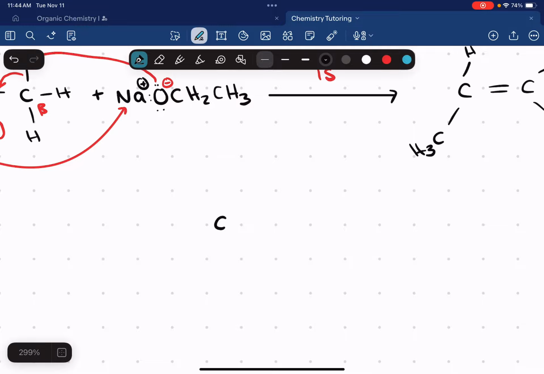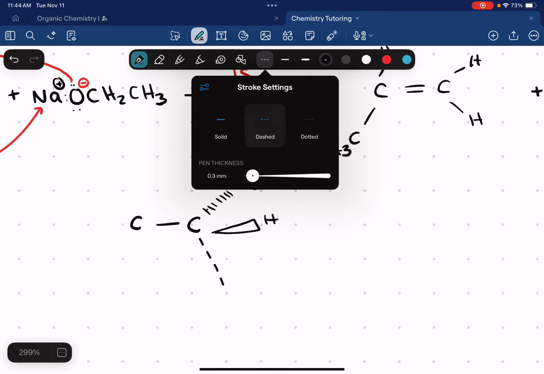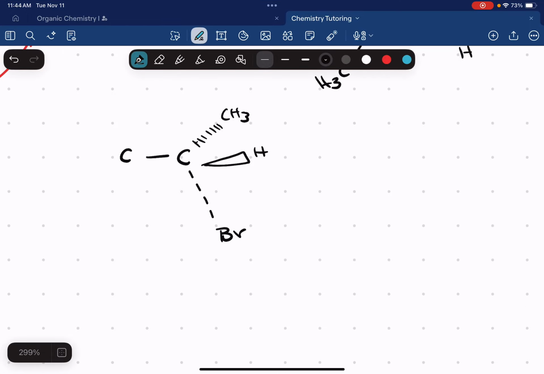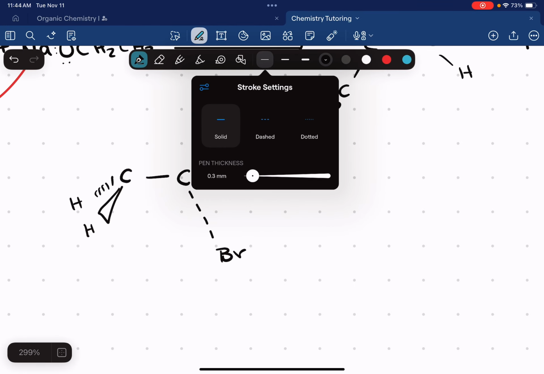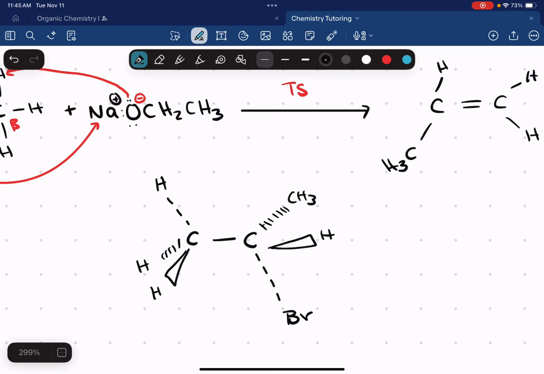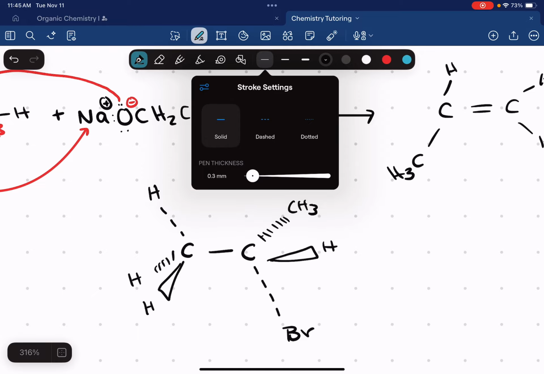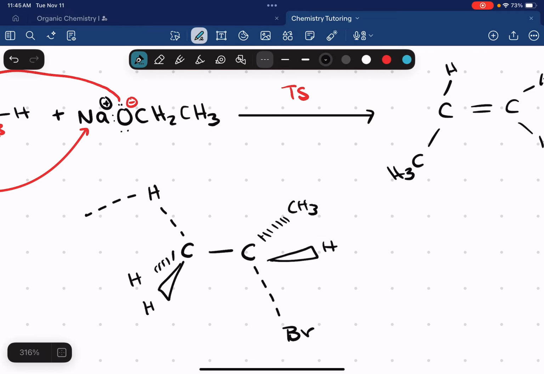We've got carbon, we've got CH3, hydrogen, and then because it was bonded to the bromine, but eventually it isn't, so we've got bromine down here, hydrogen, hydrogen that was stolen, and it then bonded to the oxygen on our base.